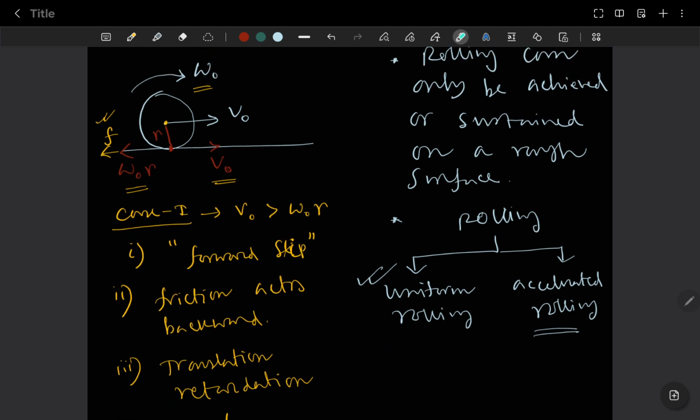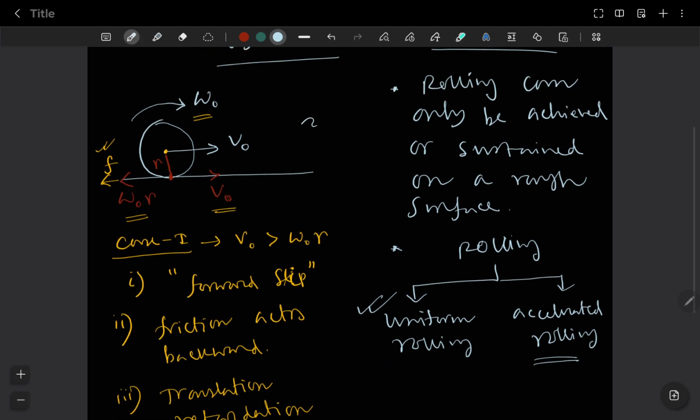Clear? So when that happens, say at this moment the center of mass velocity becomes v after a time t, and the angular velocity about the center of mass becomes omega. For the bottommost point there will be a velocity v in the forward direction and a linear velocity omega r in the backward direction, and they will be equal.